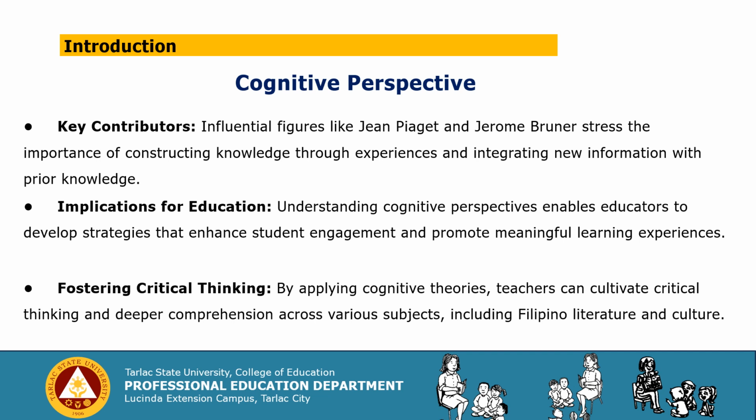According to Piaget, students learn best when they are allowed to explore, question, and adapt their understanding based on new experiences. Bruner, on the other hand, introduced the concept of a spiral curriculum, where students revisit topics at increasingly complex levels. He also advocated for discovery learning, which emphasizes active engagement with material.